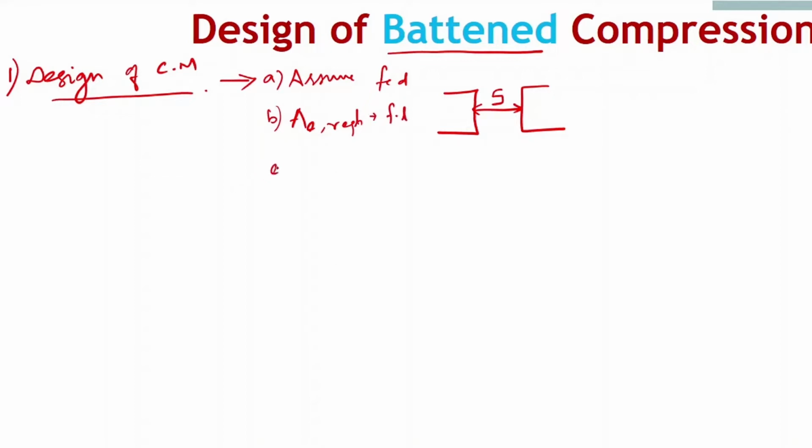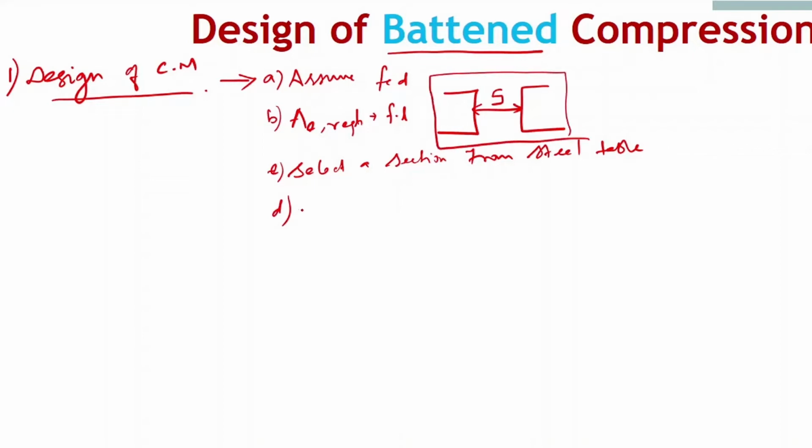Once you know the area required, you have to select a section from steel tables or any other relevant code. Once you have selected the section, you have to arrange it in such a way that Iyy should be greater than or equal to Ixx. Minimum moment of inertia has to be greater than or equal to maximum moment of inertia.